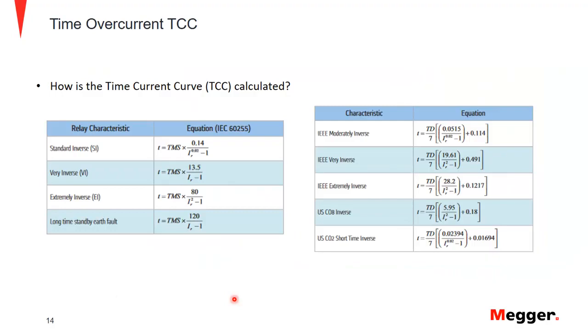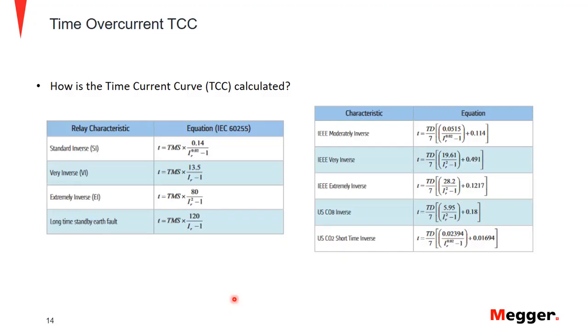Mohit, the next question is for you. What is the difference between TAP and PSM? TAP and PSM are both used frequently for electromechanical relays and sometimes for solid state relays. I have not seen them being used for microprocessor relays.